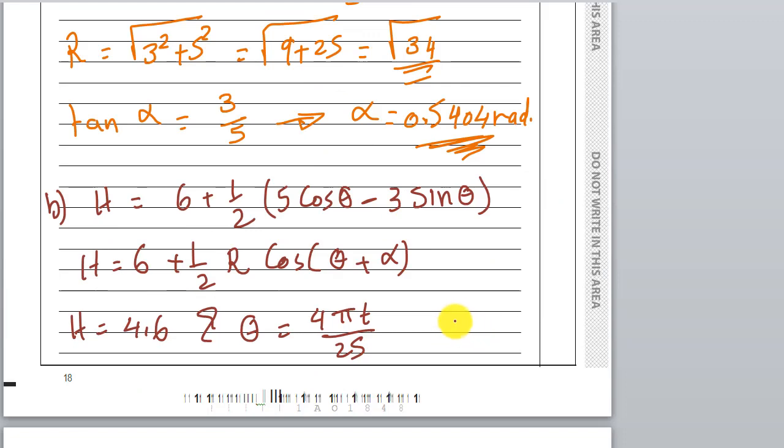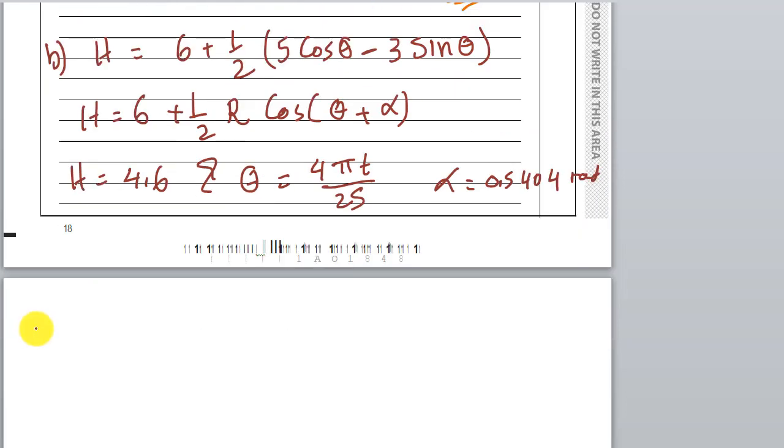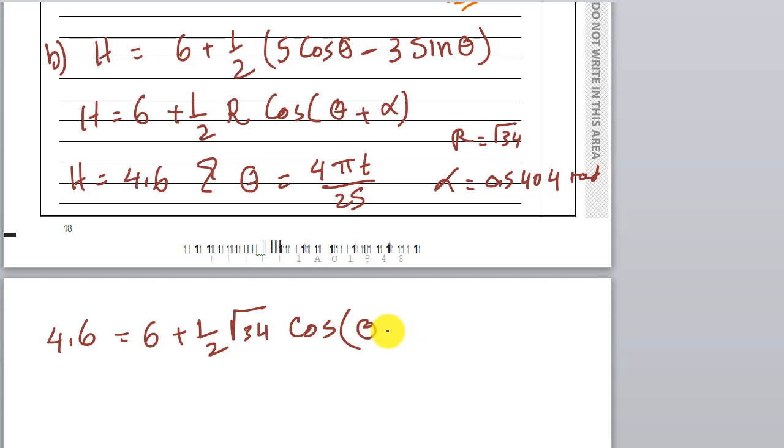Alpha now is equal to 0.5404. So let us now find this value. So 4.6 will equal to 6 plus half square root of 34 cosine theta plus 0.5404.